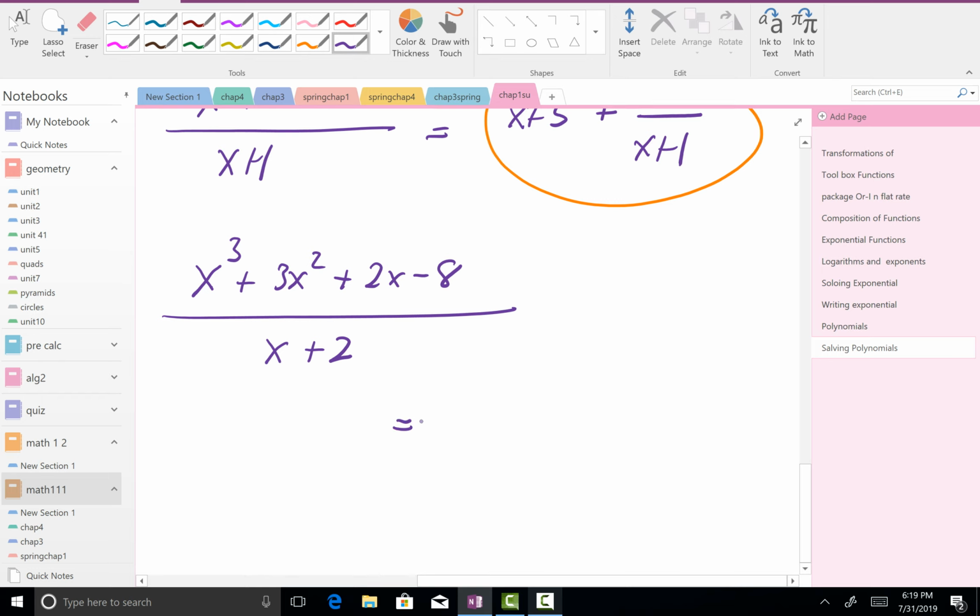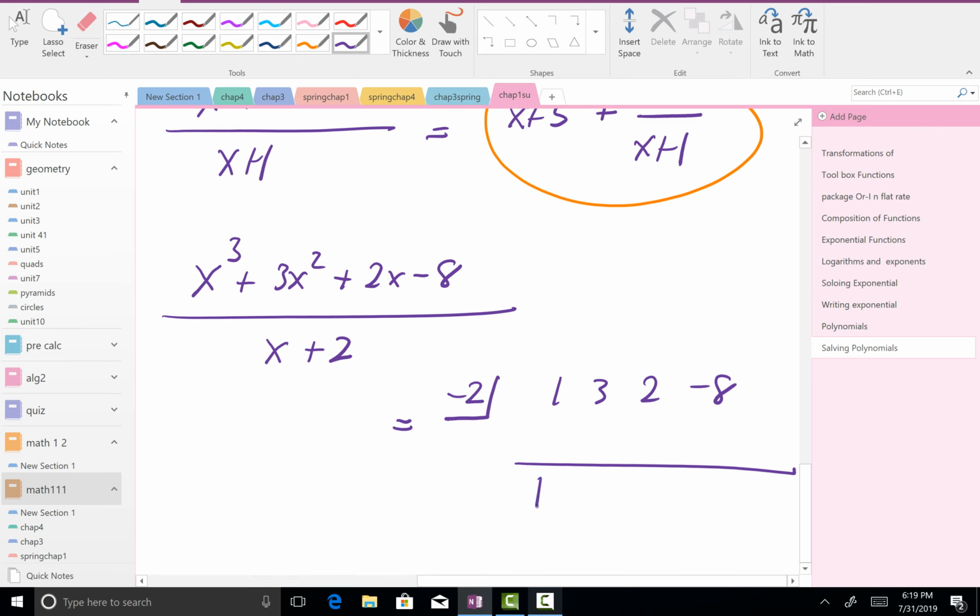What is going to go across the top for my numbers, my coefficients? 1, 3, 2, negative. Right. Okay. What am I going to divide it by? -2. Okay, so here we go. So now we've got everything, we're ready to go. We're going to do this.